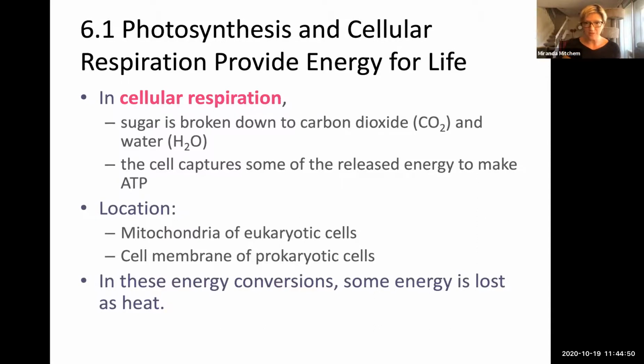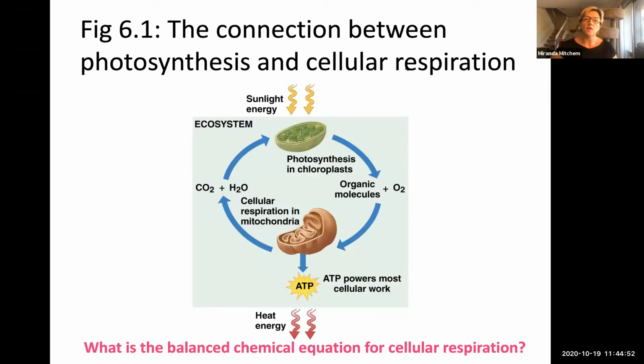That's always true. All right, so here is our connection between photosynthesis and cellular respiration. Photosynthesis takes carbon dioxide and water with the energy of the sun and converts it into sugars and molecular oxygen.